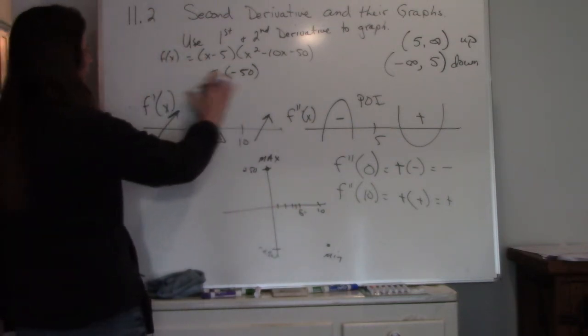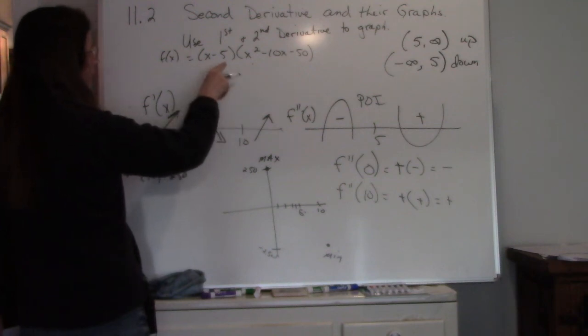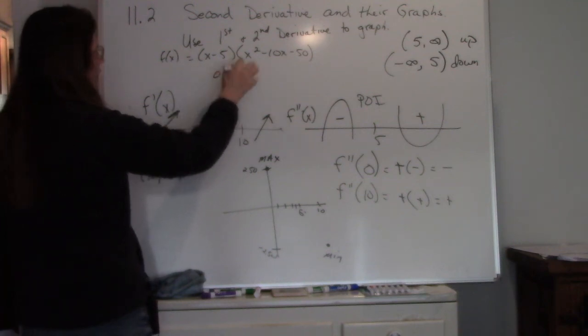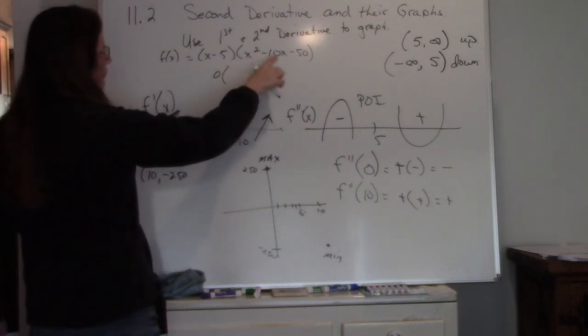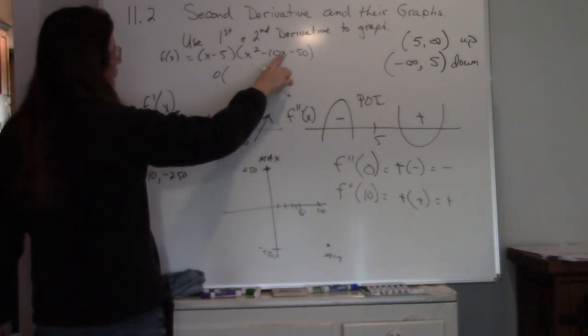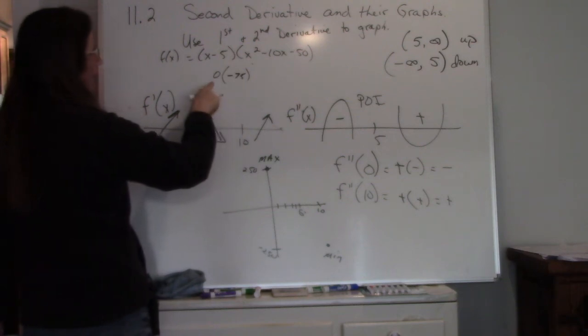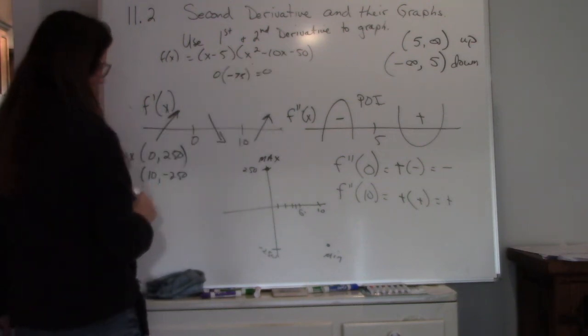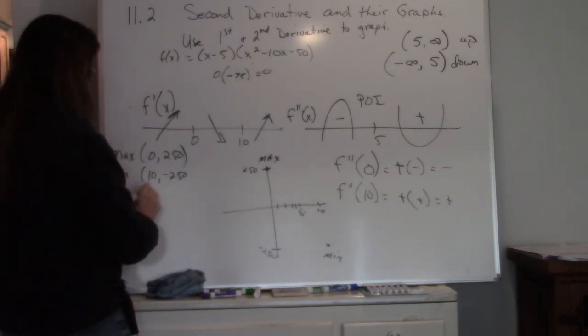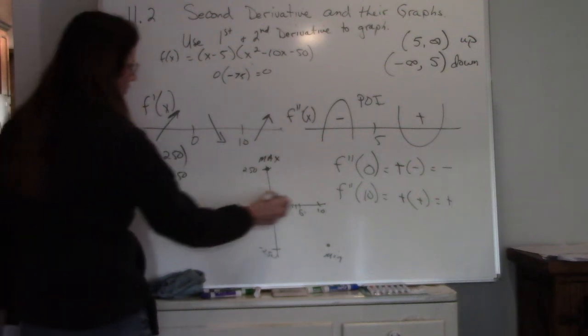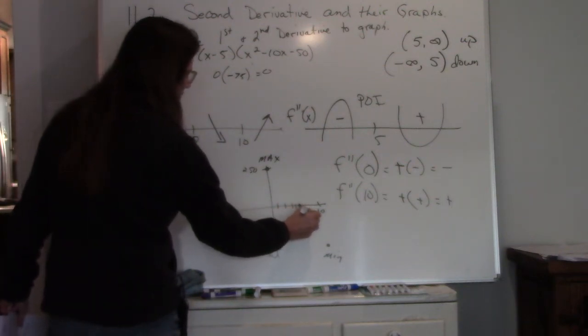Well, if I plug 5 into here, 5 minus 5 is 0. 5 squared is 25. Minus 50 is a negative 25. Minus 50 is a negative 75. Well, the minute I have a 0, this whole thing goes to 0. So my point of inflection is at 5, 0. So it's right there. That's my point of inflection.